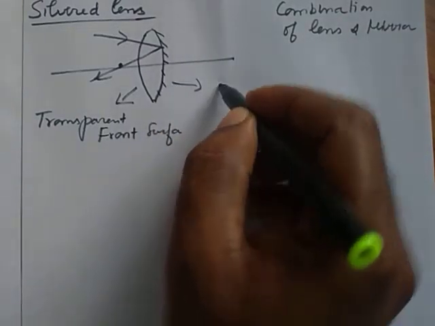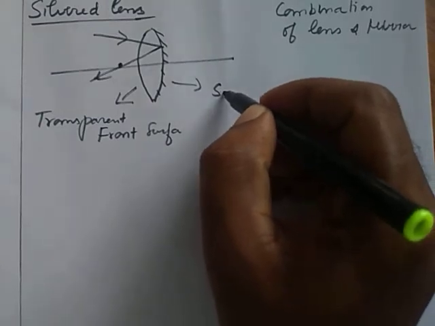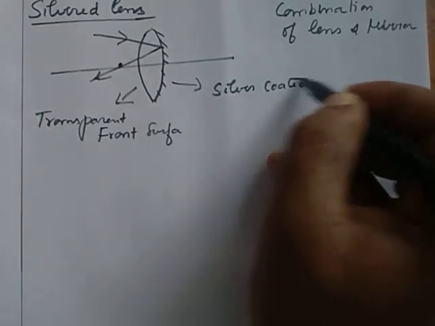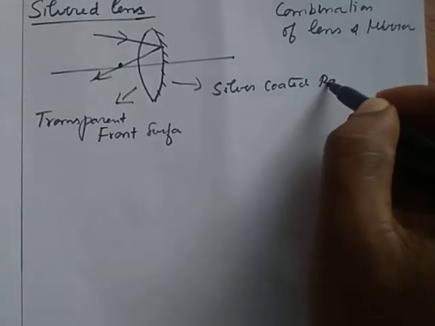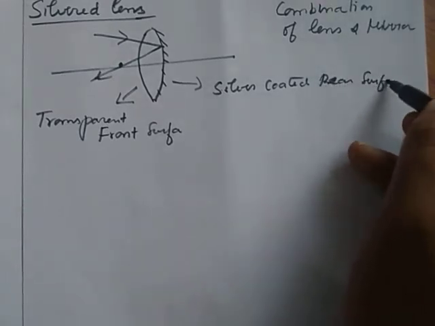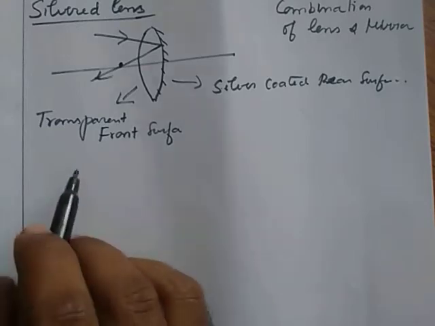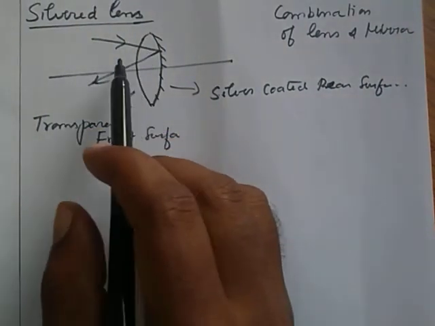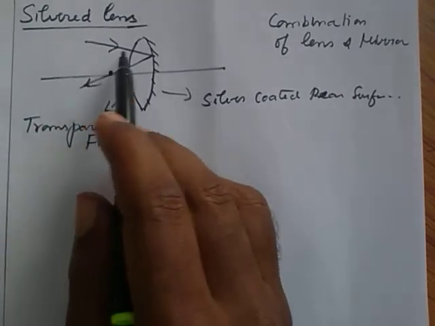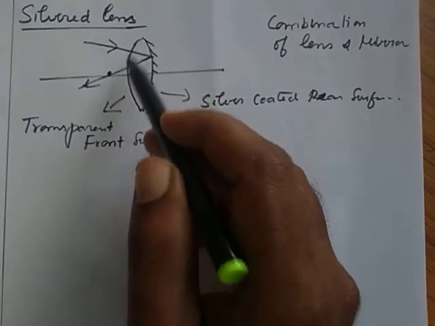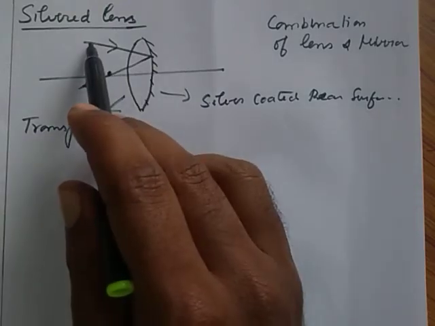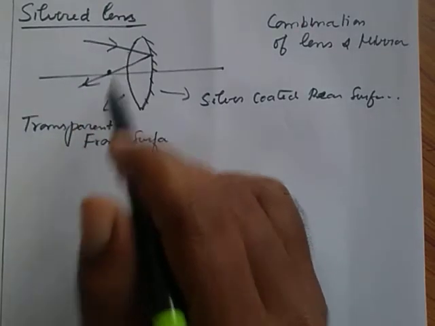Here this is the silver coated rear surface. In the silvered lens you can observe that in the convex lens part there will be refraction two times.